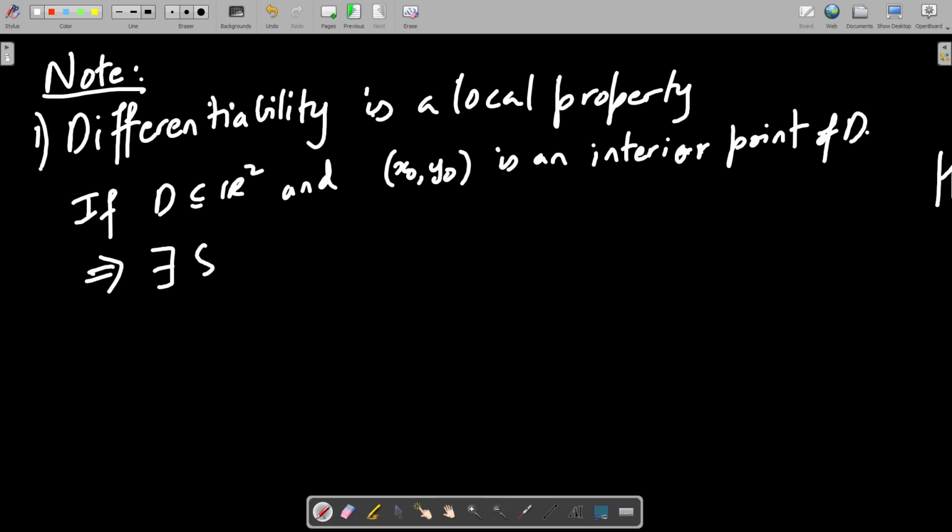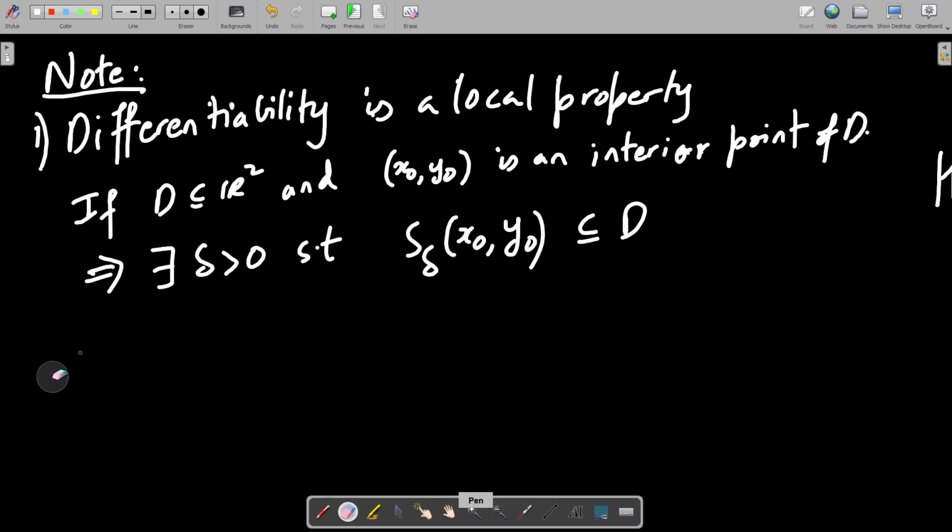This implies there exists a delta greater than 0 such that S delta of (x0, y0), an open ball or an open square in this case about (x0, y0), is contained properly in D. This is the definition of interior point we had seen earlier in this course.